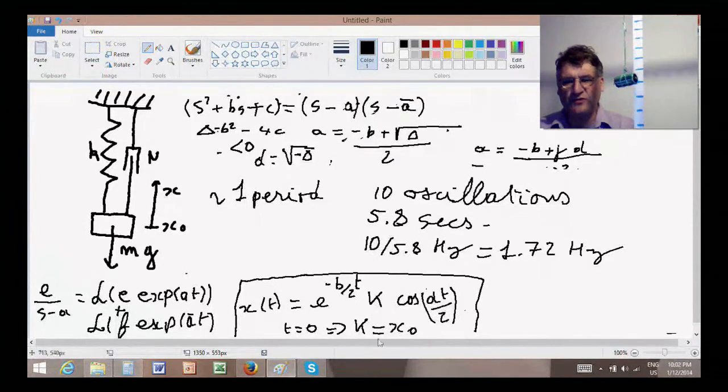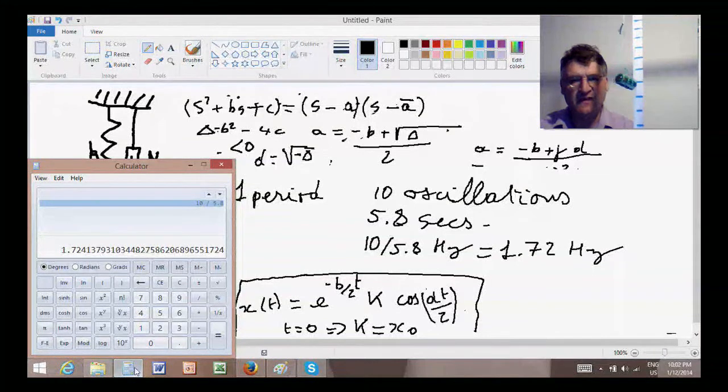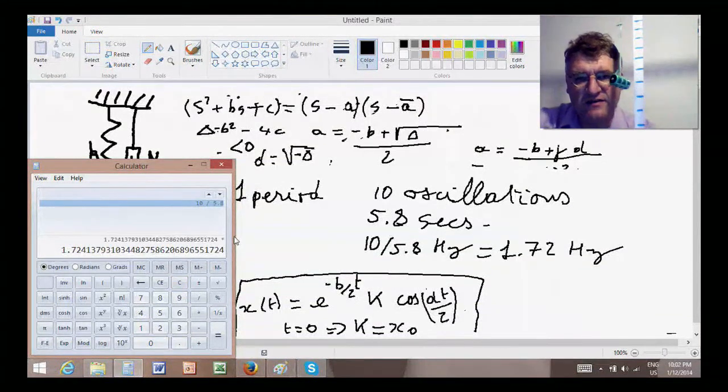If we are to go into radians per second, then we need to multiply that by 2 and by pi.